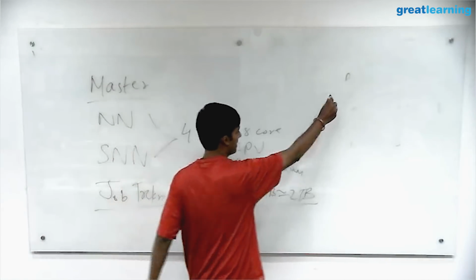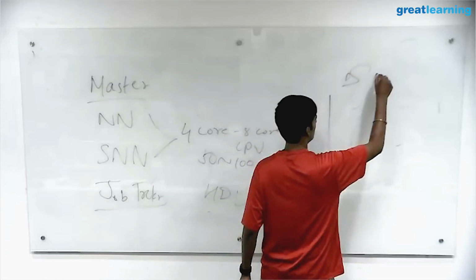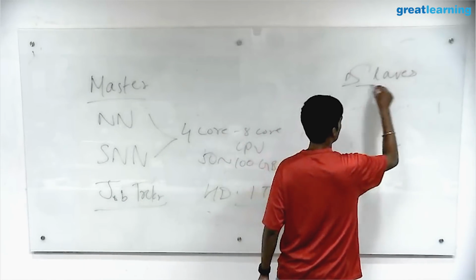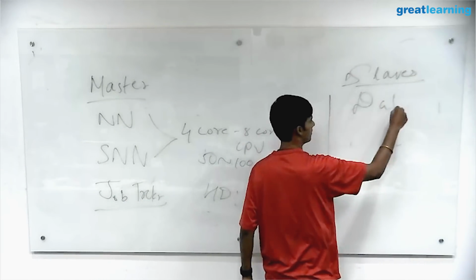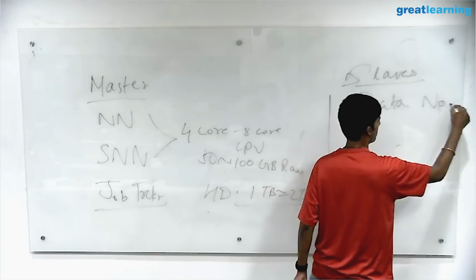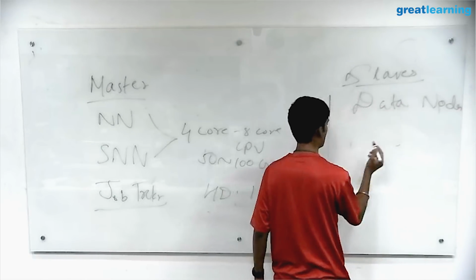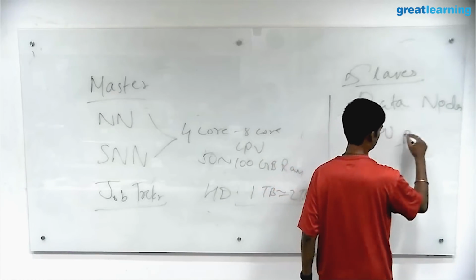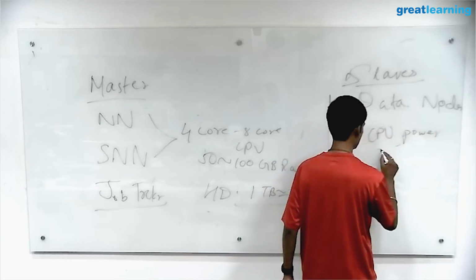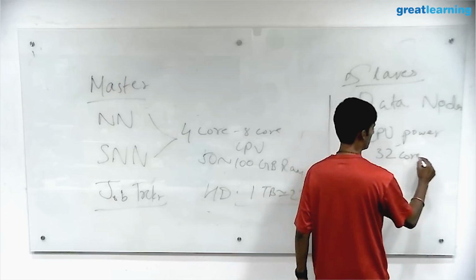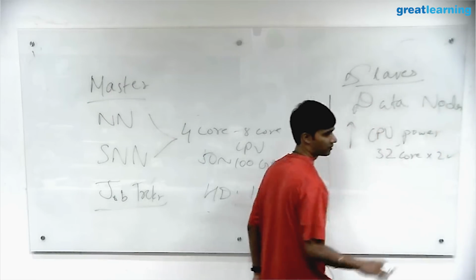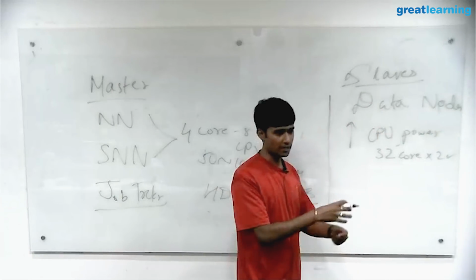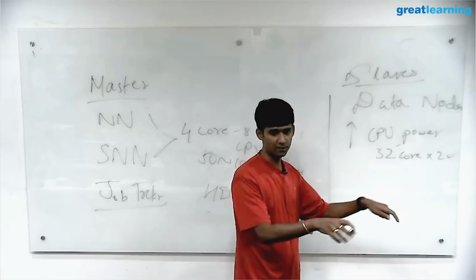Now when coming to slaves, that is your data nodes, they need to have a lot of CPU power. The more you have, the better. If you can afford even 32 core cross 2, best, go for it. 32 cores and 2 such CPU units in a single motherboard.